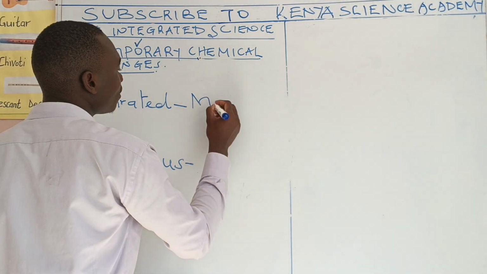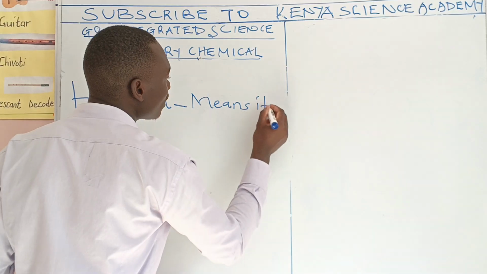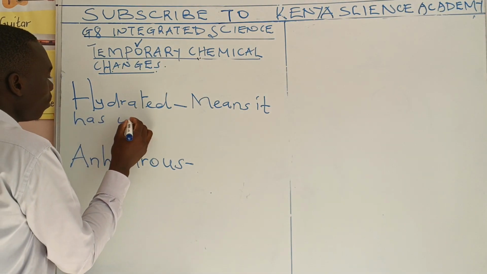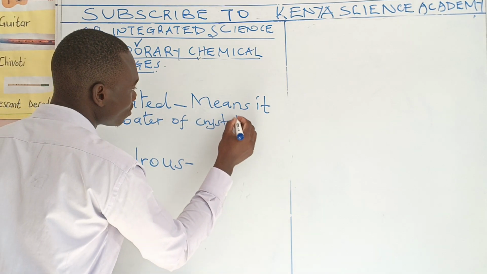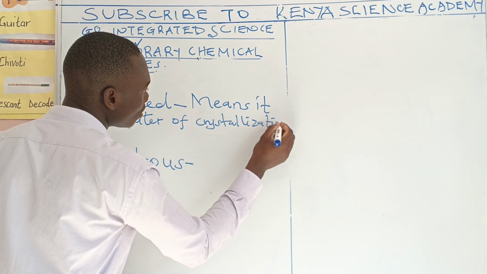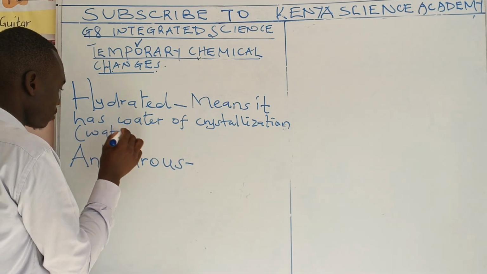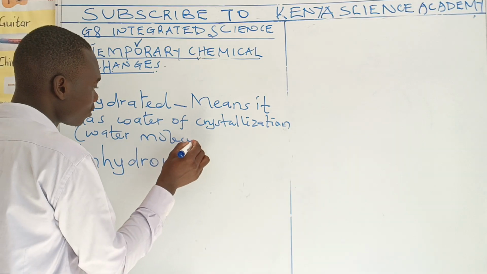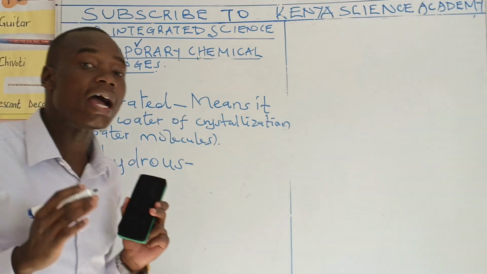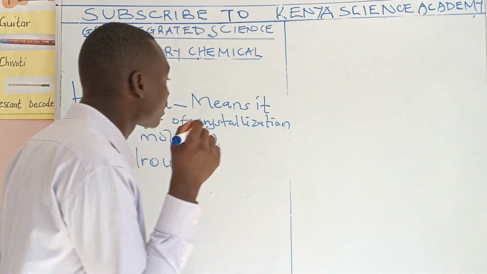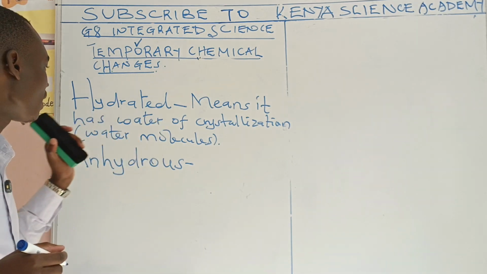Hydrated means it has water of crystallization, or it contains water molecules. So it therefore means that blue hydrated copper 2 sulfate has some water inside it already. It has water of crystallization.